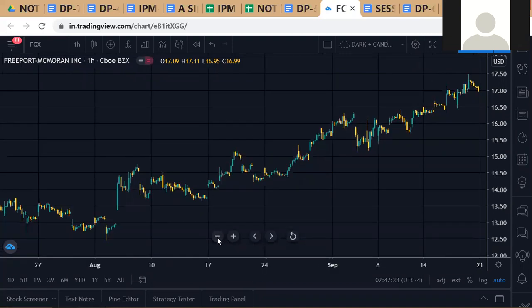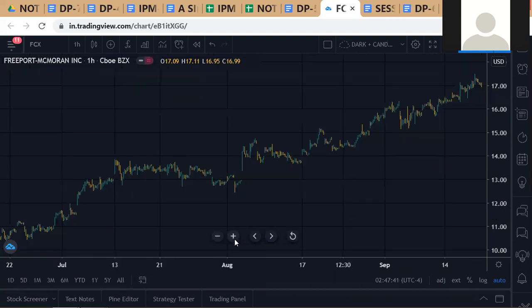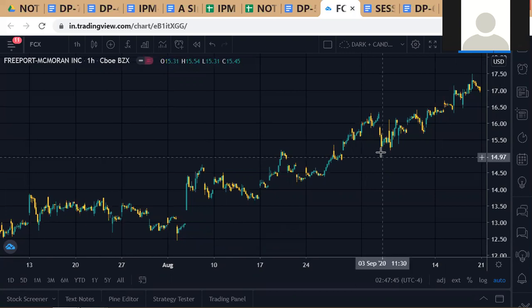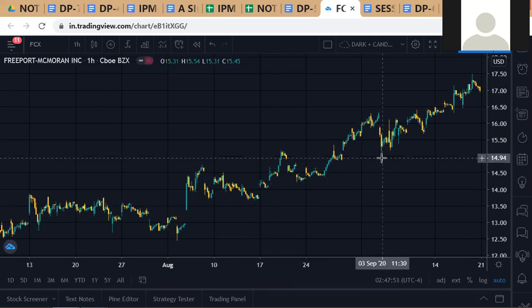So what I had done was say that I am locking you into a maximum zoom level, which means you can't zoom in anymore. I should have said maximum zoom in.